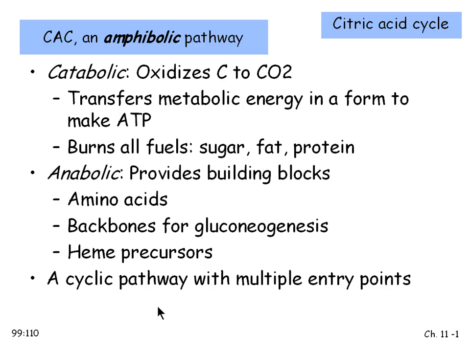It also has an anabolic face, a side where it's used to make new things or to make things for other purposes. We're going to see where it makes amino acids, which ones are likely to emerge directly out of the citric acid cycle, and we'll point a sort of roadmap towards others that eventually get out of it. It's very important for making the backbones for gluconeogenesis.